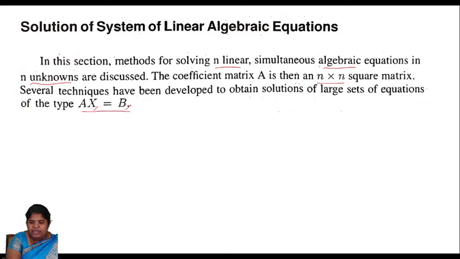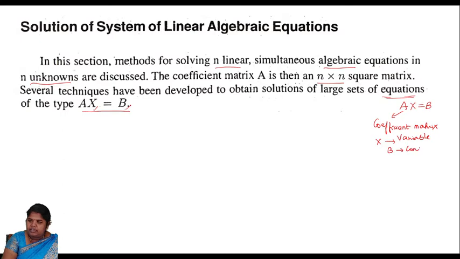So we express the given equations in matrix form, that is, Ax equal to b. Here A is our coefficient matrix, x is the variable matrix, and b is our constant matrix.